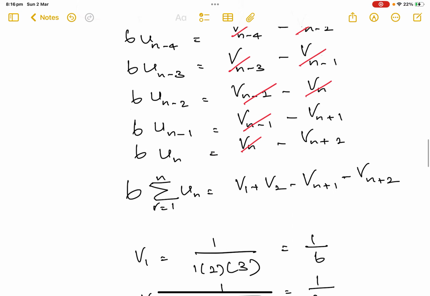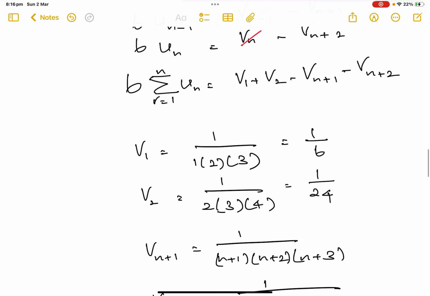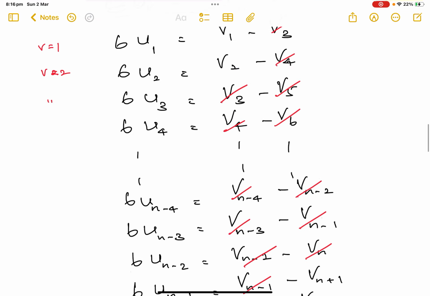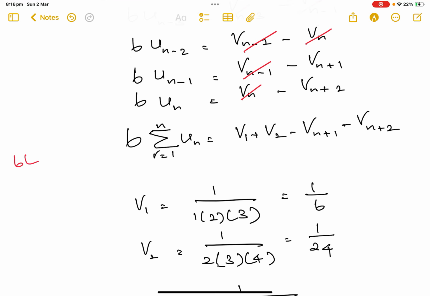If you add the left-hand side and right-hand side, the left-hand side is 6 times (U_1 plus U_2 plus U_3 and so on up to U_n).